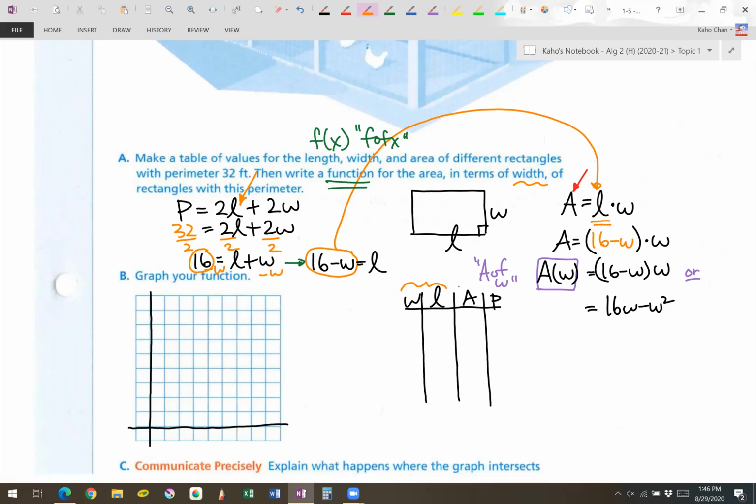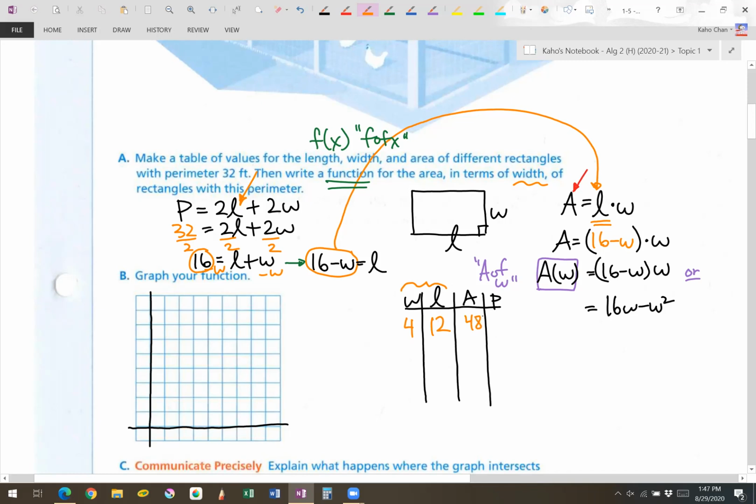We can start small. It doesn't matter. Let's do that. If, let's say, the width is 4, just randomly pick that out of the air, my length has to be 12 because 4 plus 12 is 16. Continuing with the table, that means the area is 4 times 12 or 48.